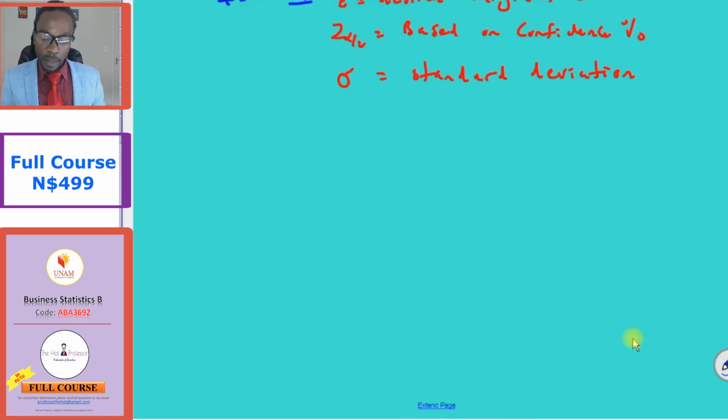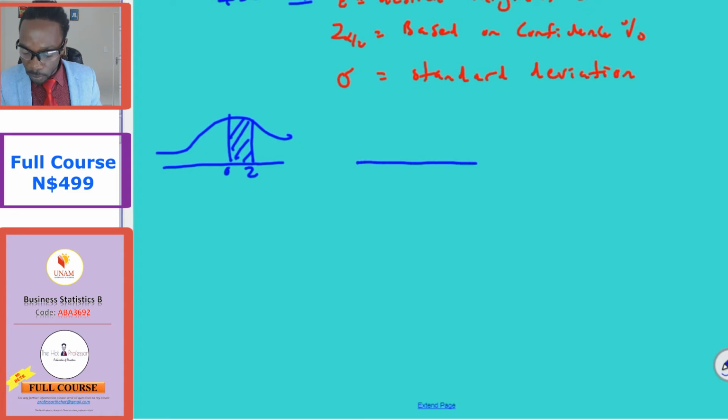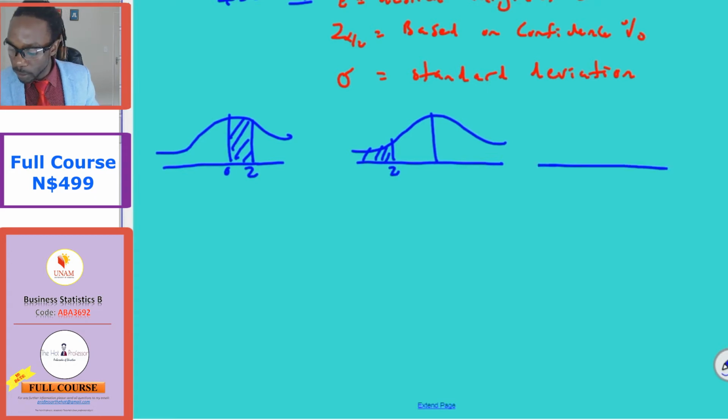Like I said, there are 3 different types of tables. You will find a table like this, which gives you values from 0 to Z. You'll also find a table like this, which gives you only this side, and you also find a table like this, which gives you values covering this whole side.